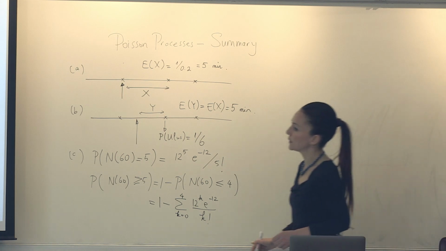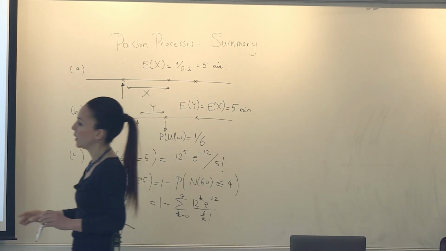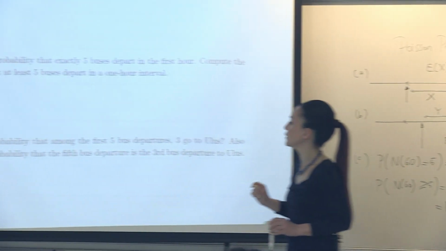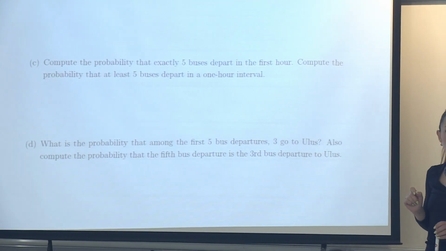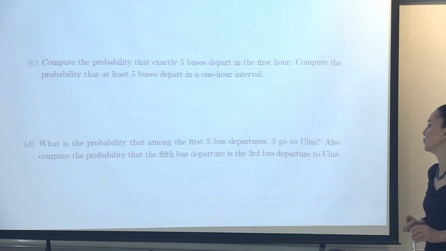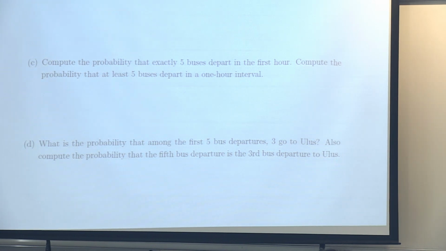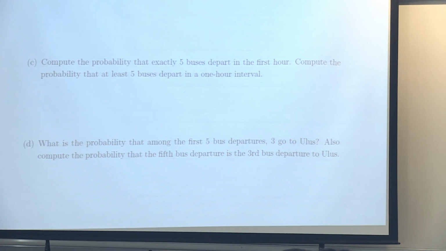All right, let's look at part D. What is the probability that among the first 5 bus departures, 3 go to Ulus? Now, this has nothing to do with the Poisson process, right? It is a Bernoulli trial situation.